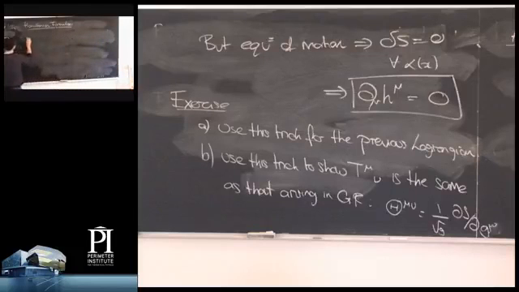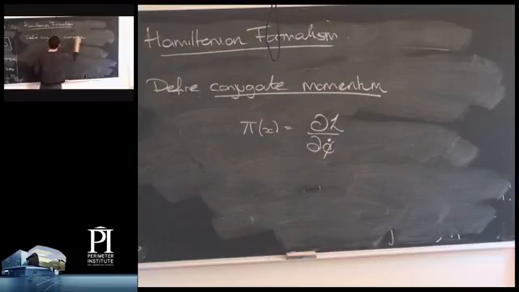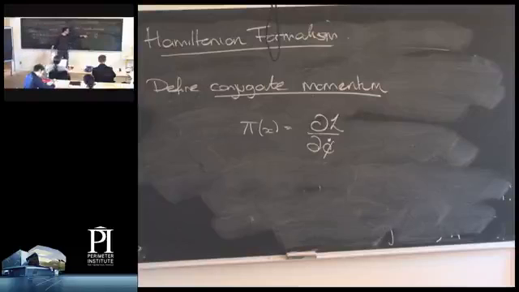So first thing we do is we define the conjugate momenta. Okay, the major difference between field theory and particle mechanics is that we call this pi instead of p.